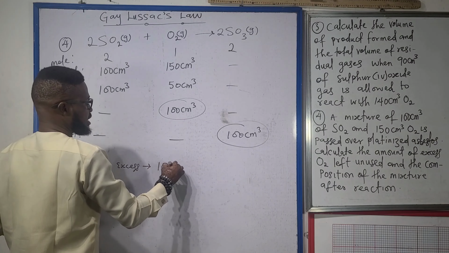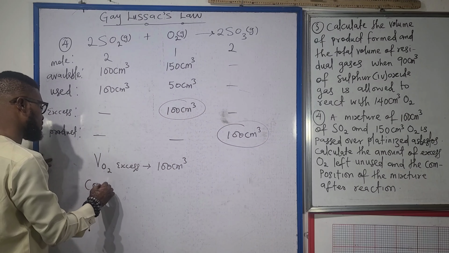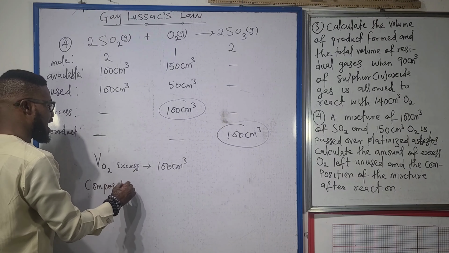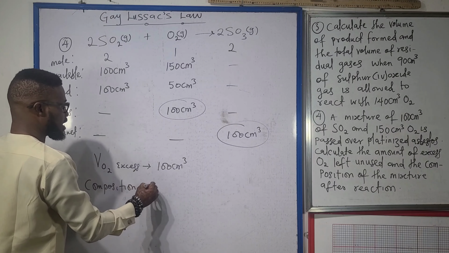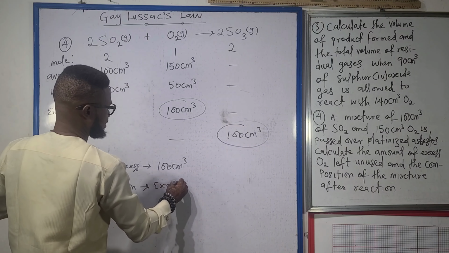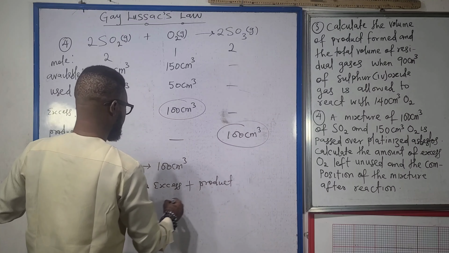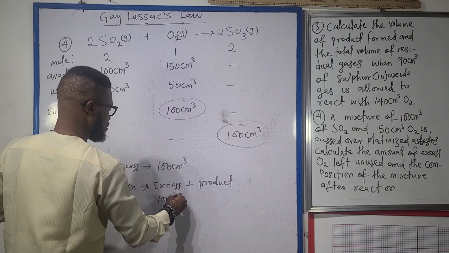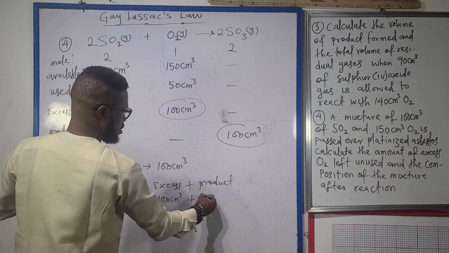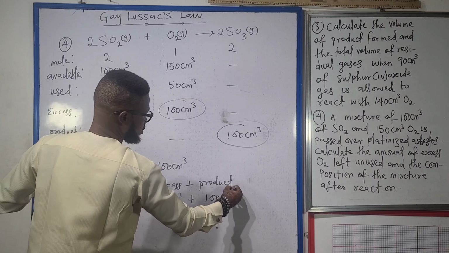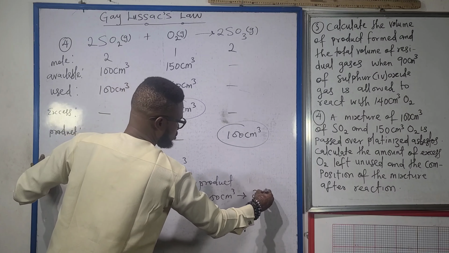And then the last part of the question says composition of the mixture. Being asked the composition of the mixture is still like asking for the volume of the residual gas, that is the excess plus the products. In this case, 100 cm³ plus 100 cm³, making 200 cm³.